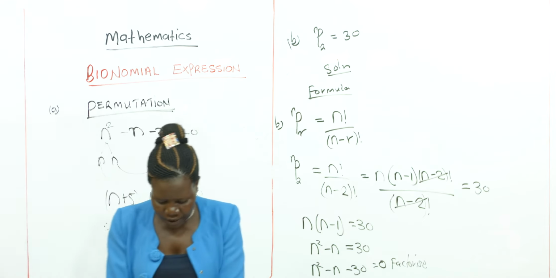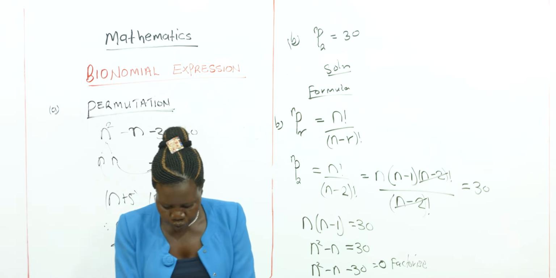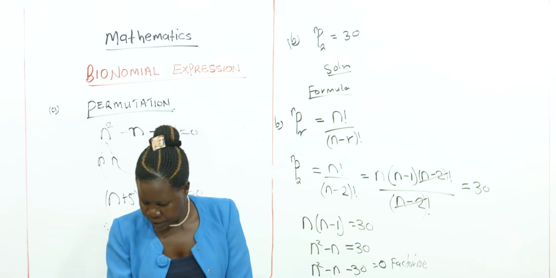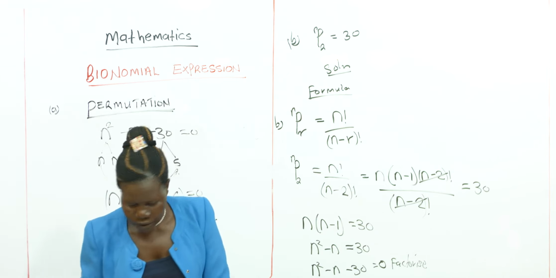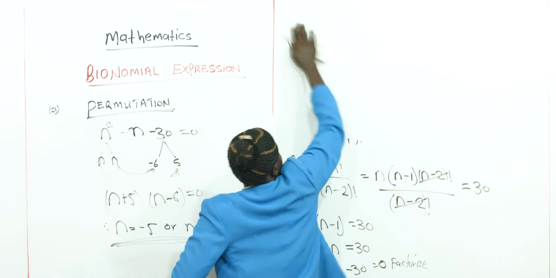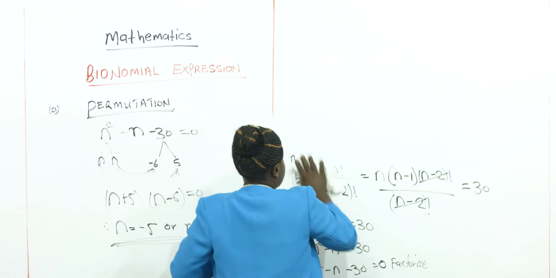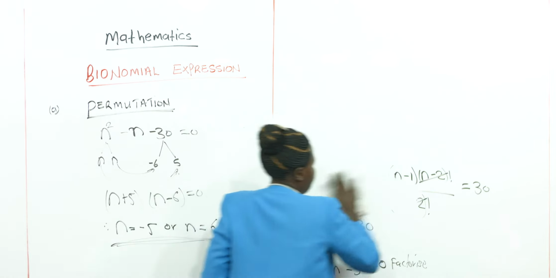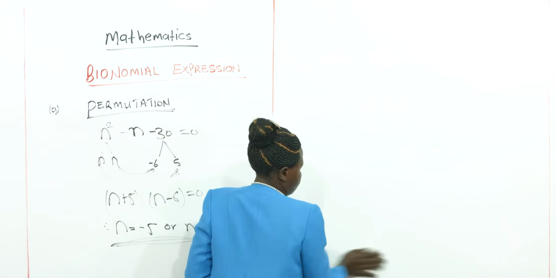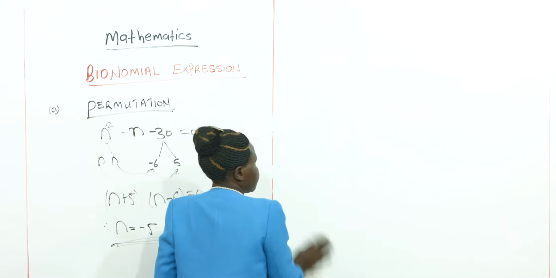Then now I want us to look at example 2. In example 2, they will tend to ask you to simplify, when they have not given you the value to what it equates to.